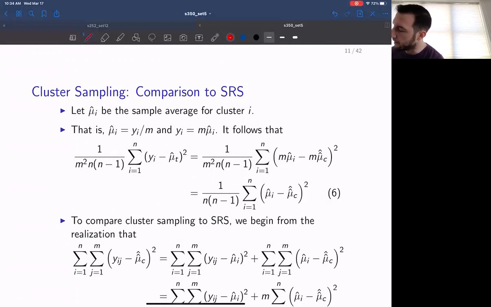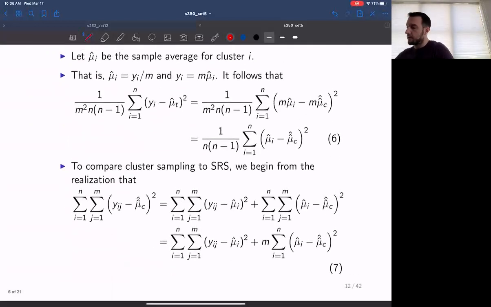All right, so we can pull the m's out from this expression. In that case, what we can show is that this reduces to 1 over n times n minus 1 times the sum of the squared deviations of the cluster average about the overall average squared. Okay, and that's what's in equation 6.